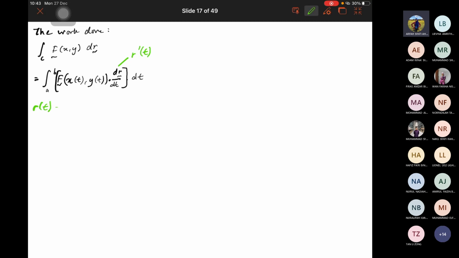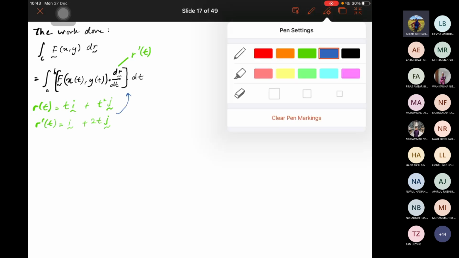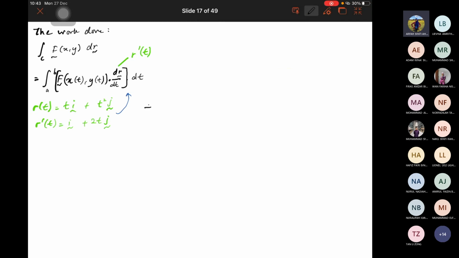So kita ada vektor r tadi sama dengan t i plus t squared j. So r prime t equal to i plus 2t j. Okay, so substitute in the given equation. So t pula berada antara negatif 2 dan juga 1.